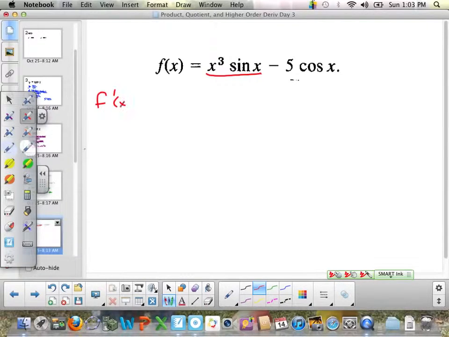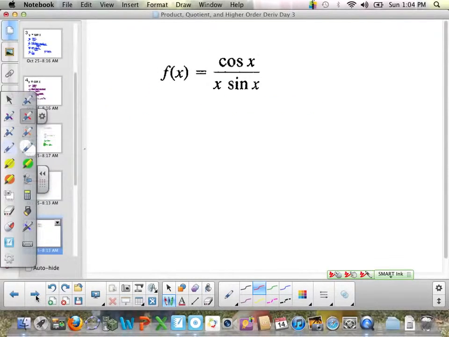So the derivative here will be the first times the derivative of the second, the derivative of sine is cosine, plus second times the derivative of the first, and the derivative of x cubed is 3x squared, minus 5 cosine x. That's a constant multiple rule, so we take the derivative of cosine, which is negative sine, and multiply it by negative 5 to get positive 5 sine x. And that does not simplify, so we leave it.